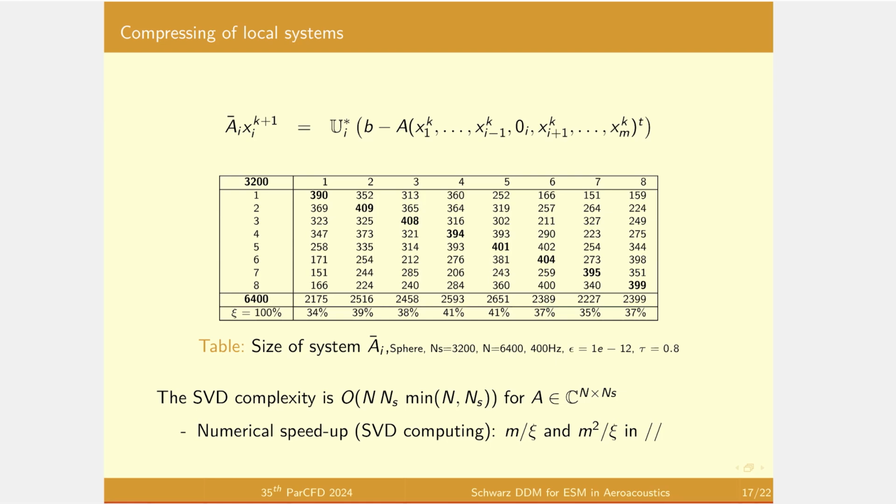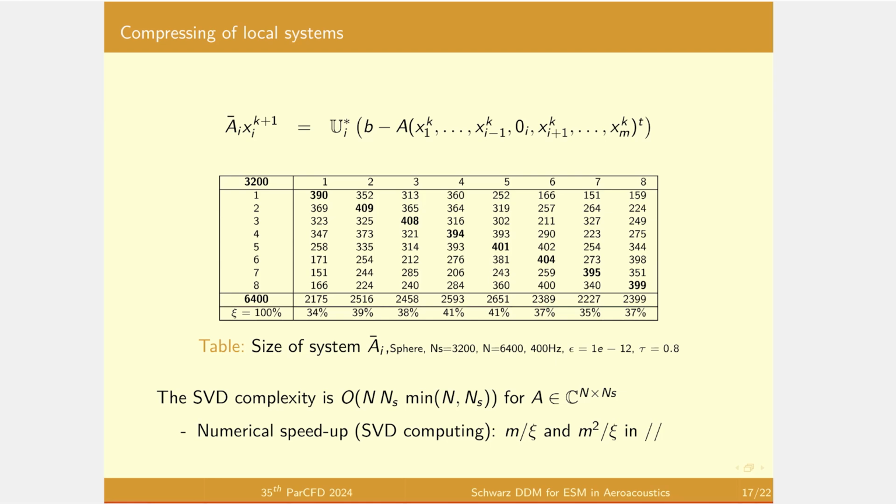So we have this compression of each system. It's between 34 to 40 percent with this threshold tau to be 0.8.